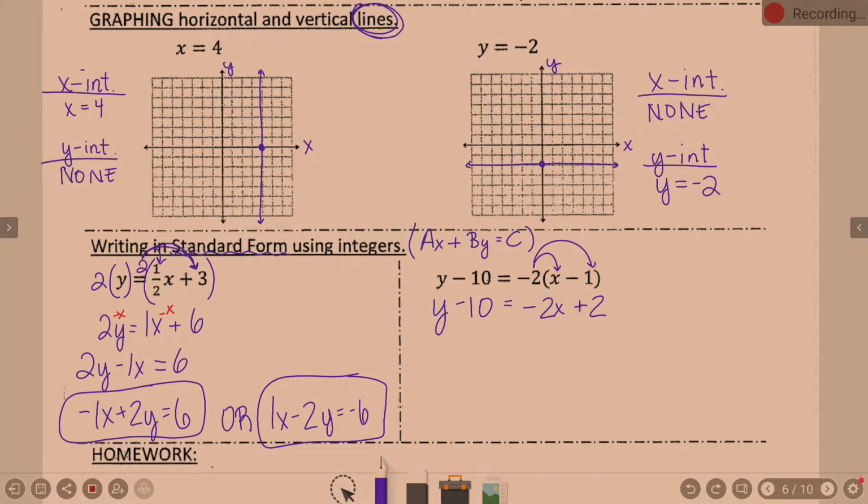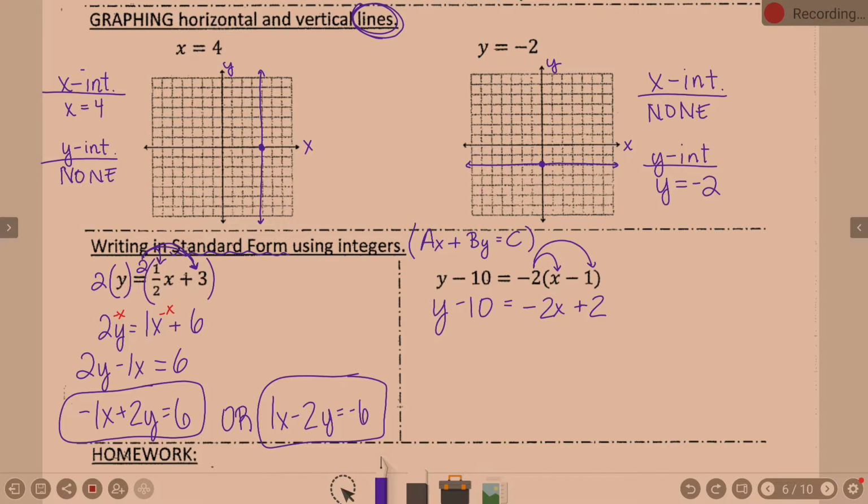Now, good news is there's no fractions this time. It's just about how we move this stuff around, and we get x and y on one side, plain numbers on the other side. Don't say add negative 2x.